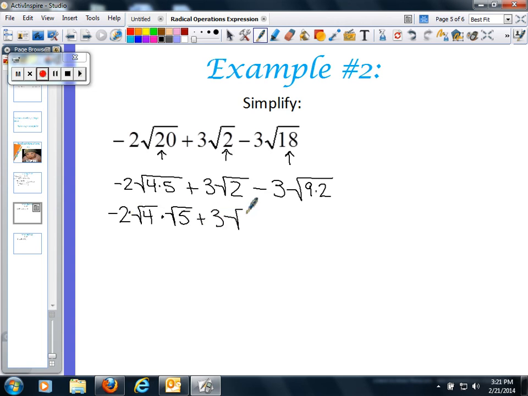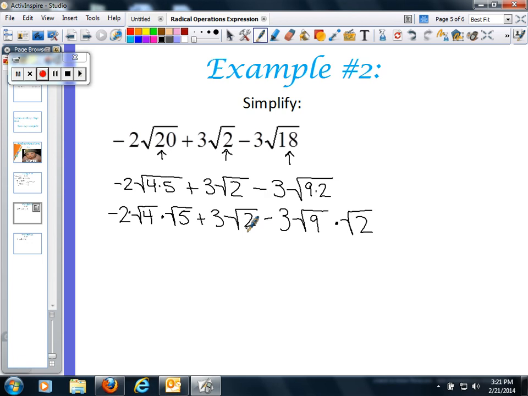Plus 3 radical 2 minus 3 times radical 9 times radical 2. Now you're going to look at your radicals and you're going to see which ones of these can I simplify and which ones am I just stuck with. Radical 2 cannot be simplified, so I know those are still going to be in my answer somewhere.